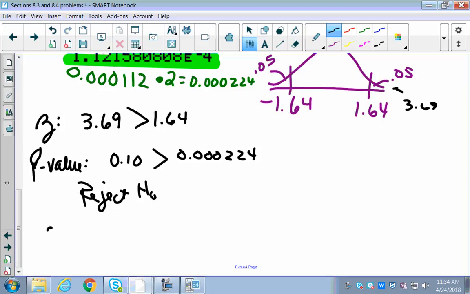And lastly, it has equality in it to start, right? So did we reject? Yes. So we're going to state what?